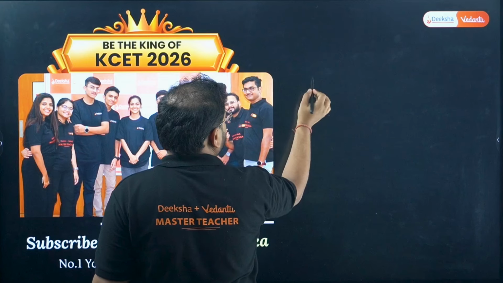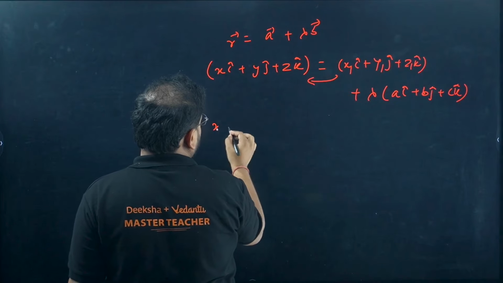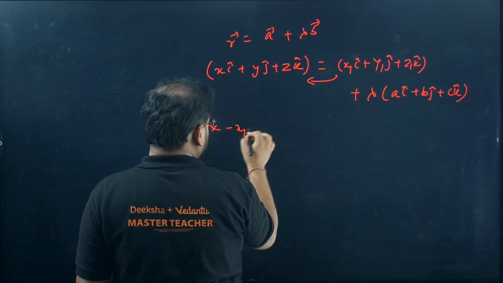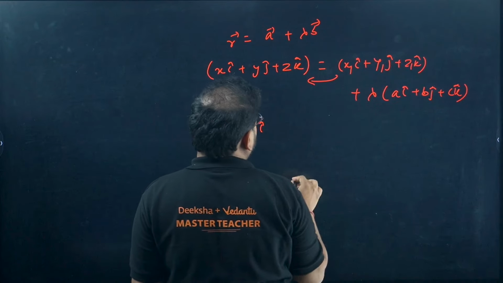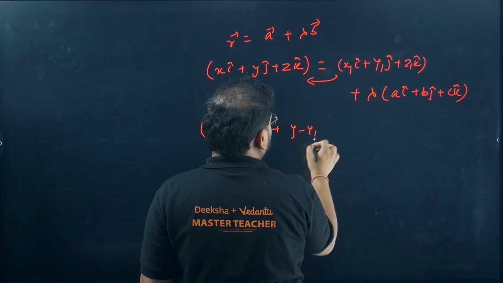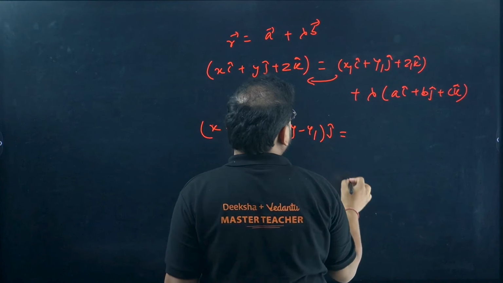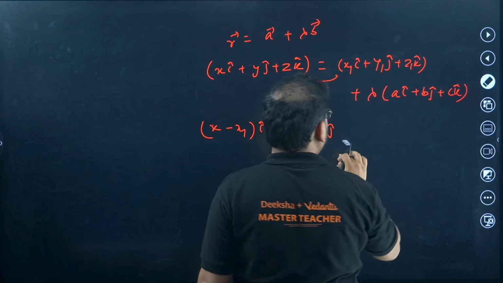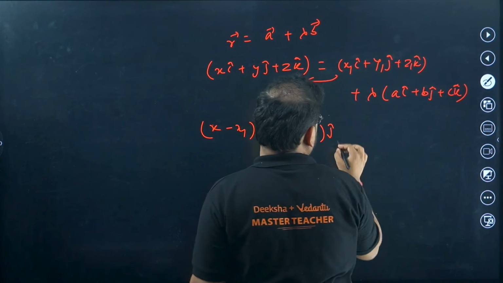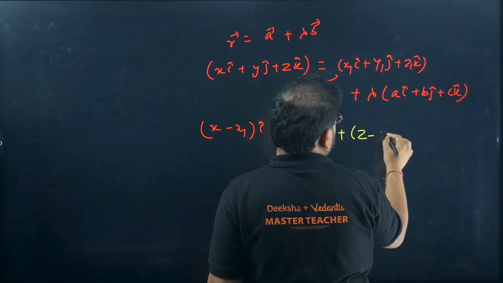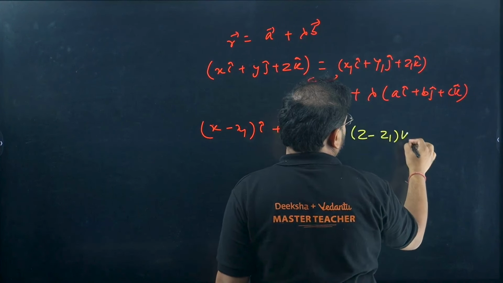I'll get x minus x1 with I cap, y minus y1 with j cap, and the last one, z minus z1 with k cap, and this is equal to A lambda I cap plus B lambda j cap plus C lambda k cap.